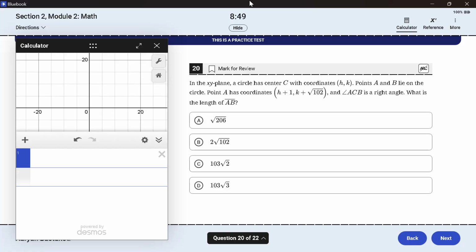Root under 103 would be the distance. And if we were to find the hypotenuse, that is AB, it would be root under 103 whole squared plus 103 whole squared, and that would be 206. Root under 206 is the right answer.